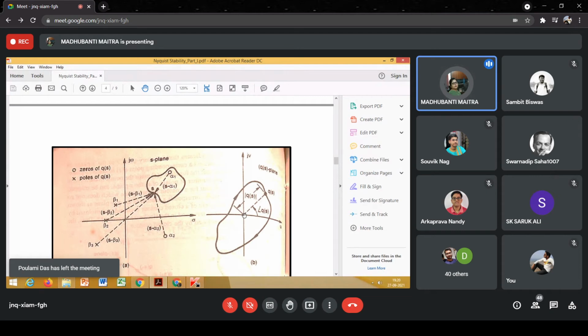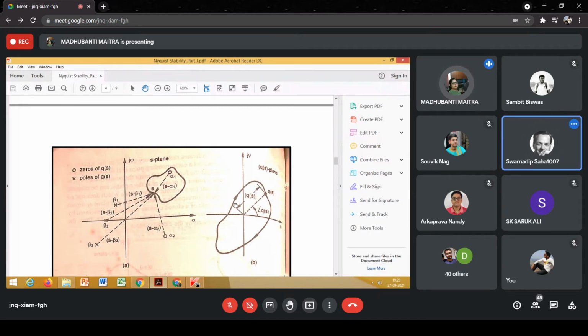I'll have to draw the QS plane vector starting from the origin of the QS plane. So suppose this is one QS plane vector.